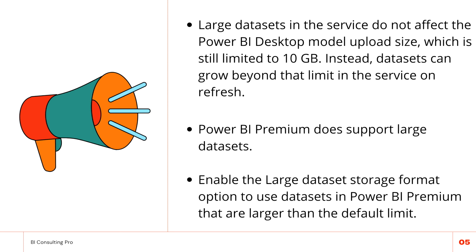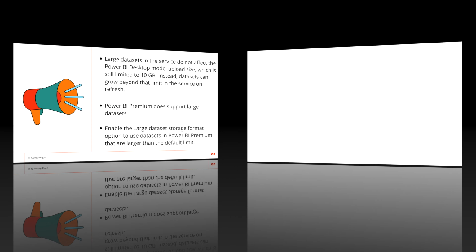Power BI Premium does support large datasets. Enable the large dataset storage format option to use datasets in Power BI Premium that are larger than the default limit. So always keep these three points in your mind whenever you are working with the large dataset format or Power BI Premium capacity workspaces.